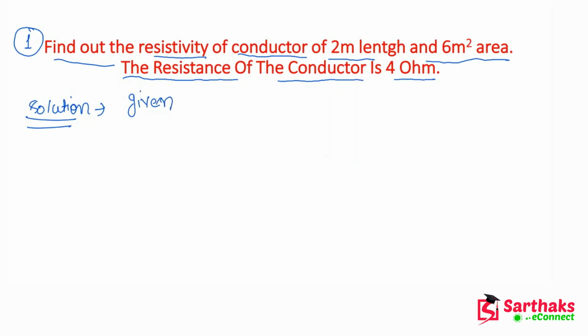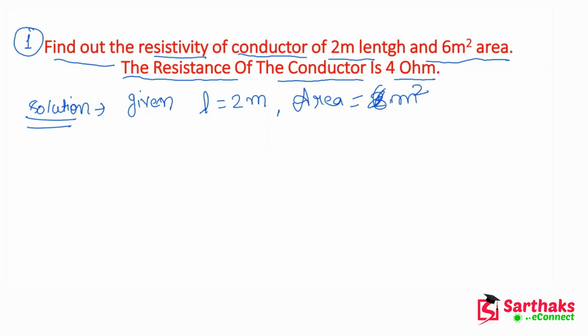So the first value is length. Here we have been given the length of the conductor. The length of the conductor is 2 meter. I hope you get my point. Now the other thing is area. We also have been given the area, and the area of this conductor is 6 meter square.